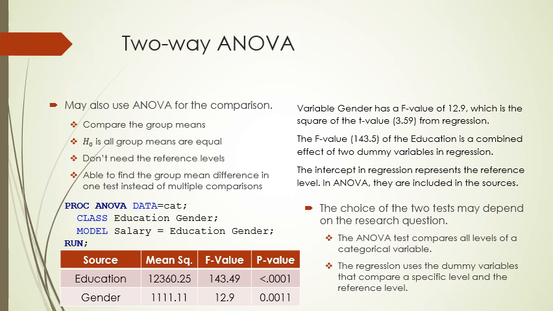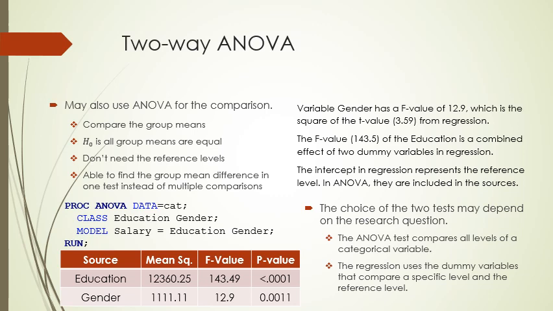The following table shows the two-way ANOVA test results of the salary example. The variable gender has a F value of 12.9, which is the square of the t-value 3.59 gotten from the regression, suggesting both the regression and the ANOVA tests are the same for a two-level class variable.